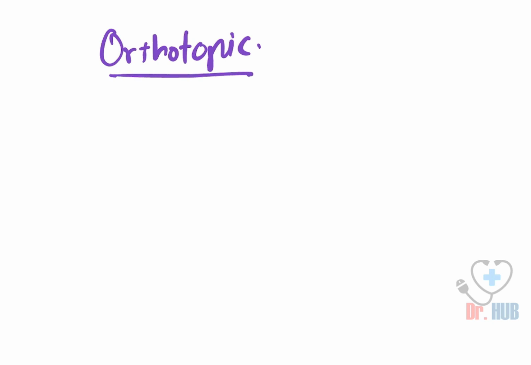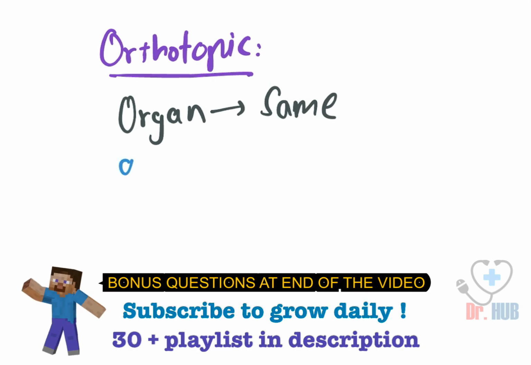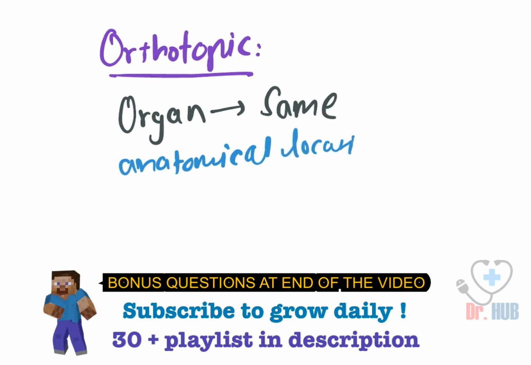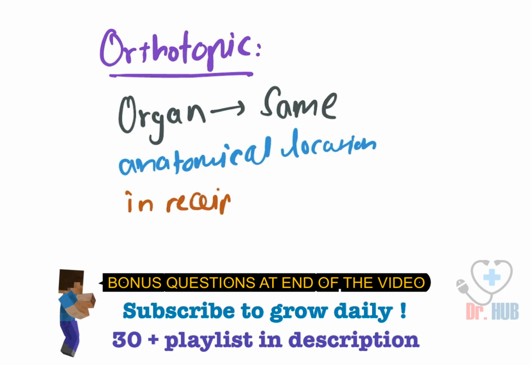To start with, we look at the orthotopic transplant. Here the organ is implanted in the same anatomical location in the recipient as in the donor.